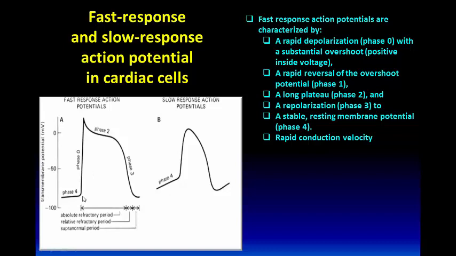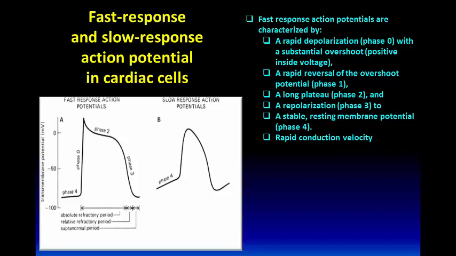They are characterized by very rapid depolarization, phase 0, with substantial overshoot. The membrane becomes less and less negative, reaching zero potential, and then the membrane potential becomes positive. This is what we call the overshoot, positive 10 and positive 20. So the inner surface of the membrane here becomes positively charged.